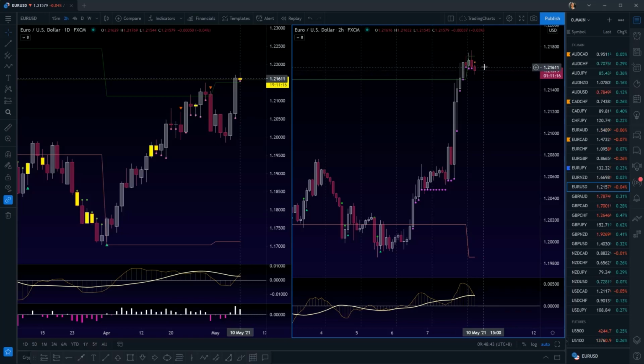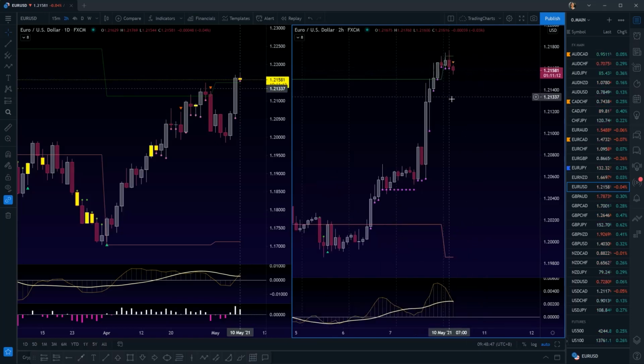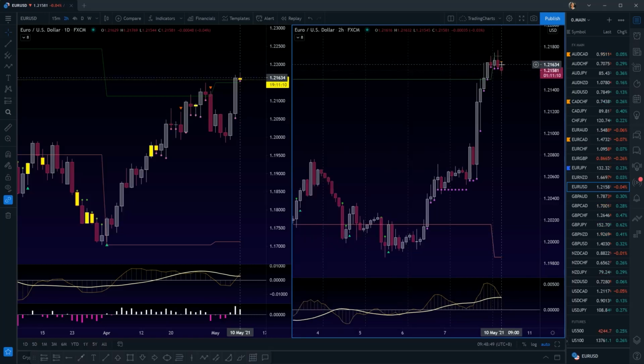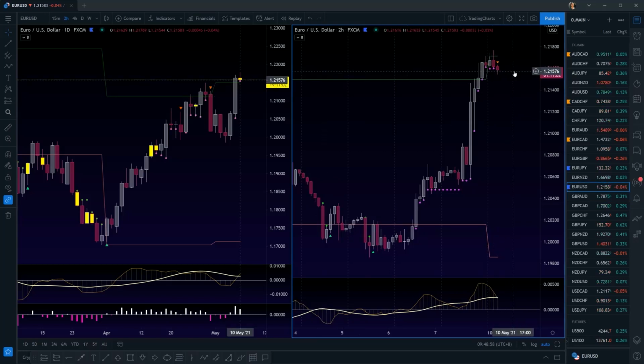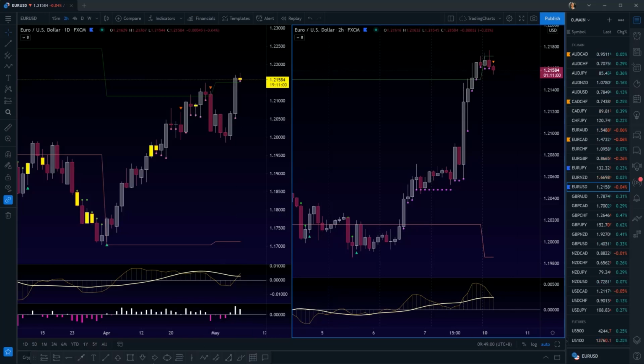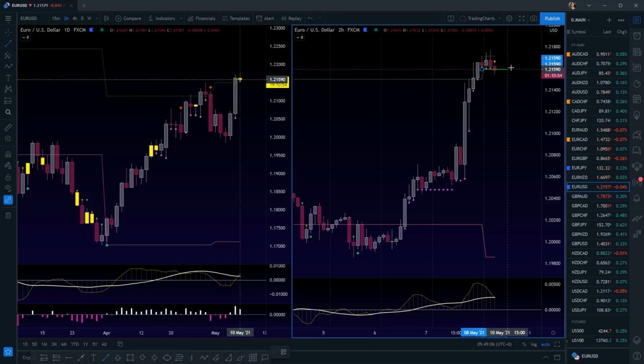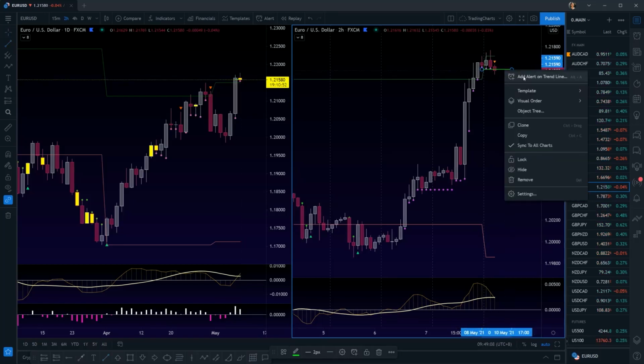LOHP has triggered a sell, or rather a high HOLP. So okay, I'm interested. Let's take a look at this. I'm gonna mark it, and wait for this close. So I'm gonna set the alert at this level. Make sure you close below here.